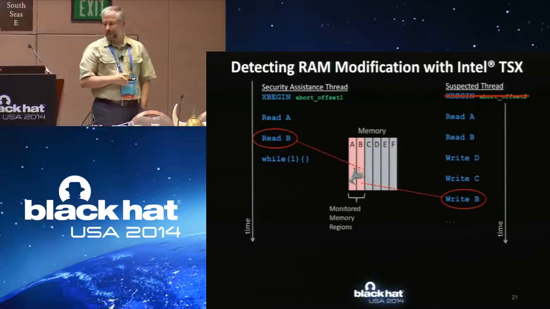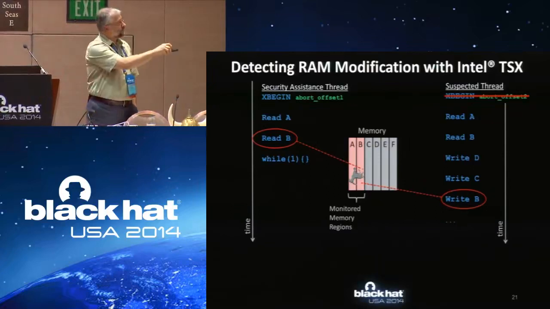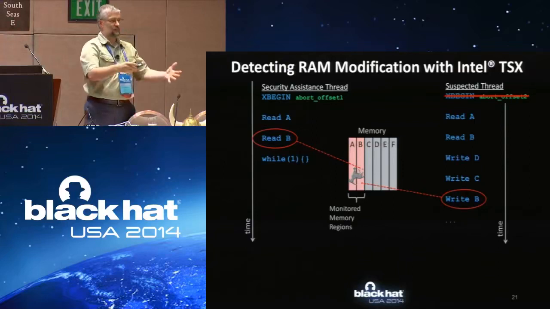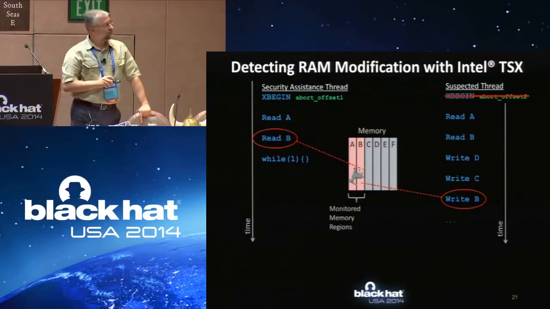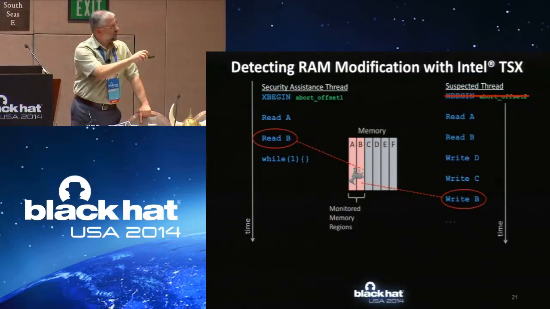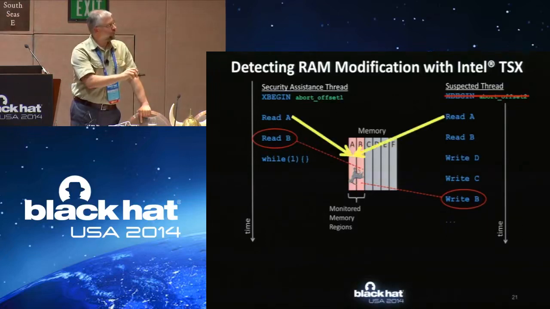Moreover, because you do only reads in this thread, you can do it once. They are placed in the transactional buffer. And the fact that these lines have been read is remembered, and once the first write occurs, an abort would happen.